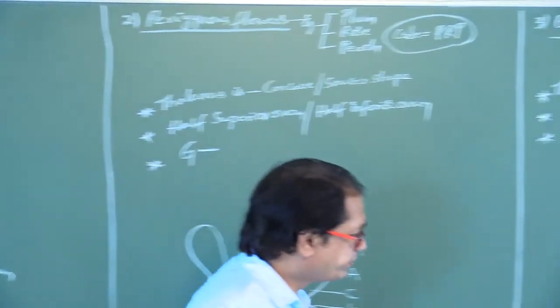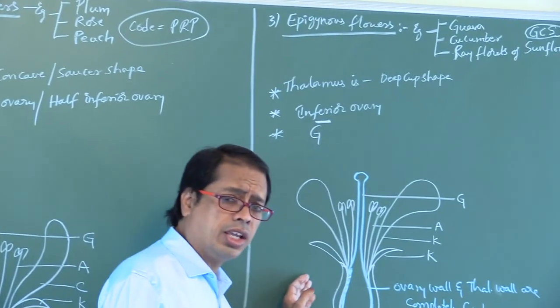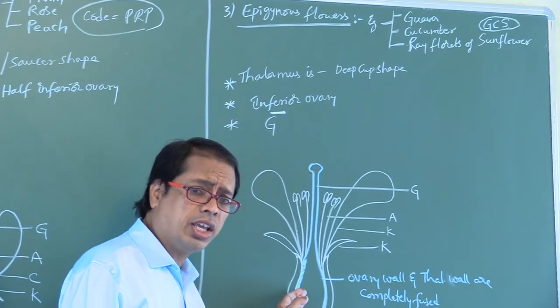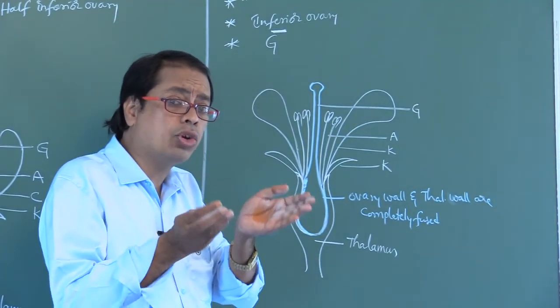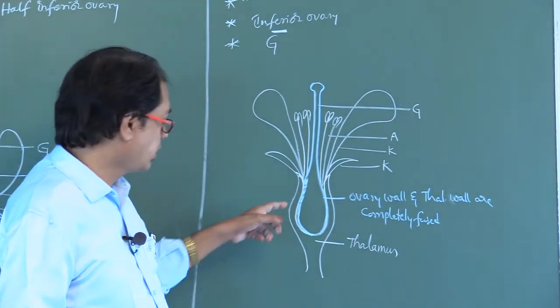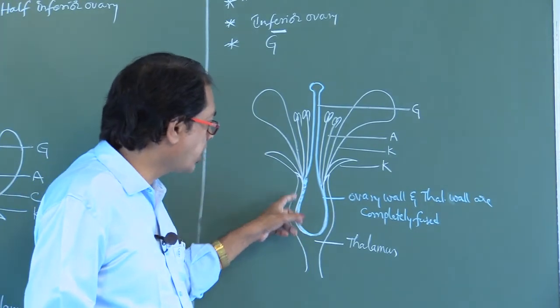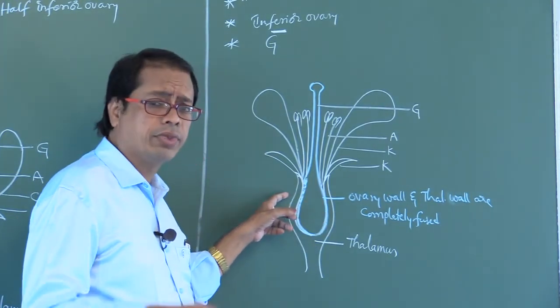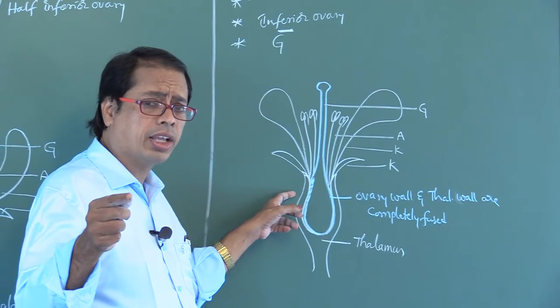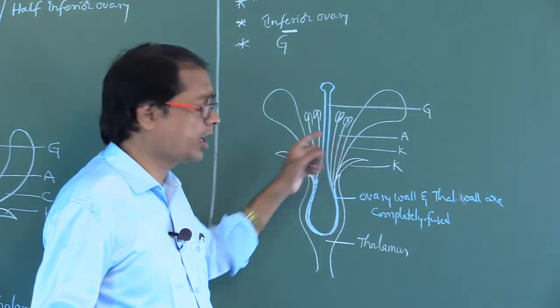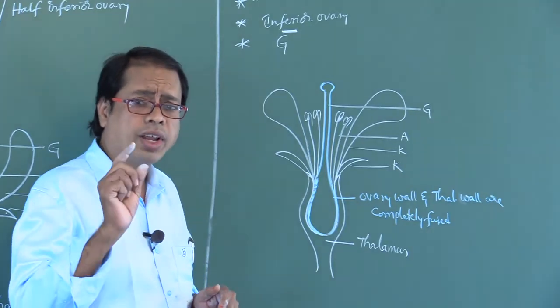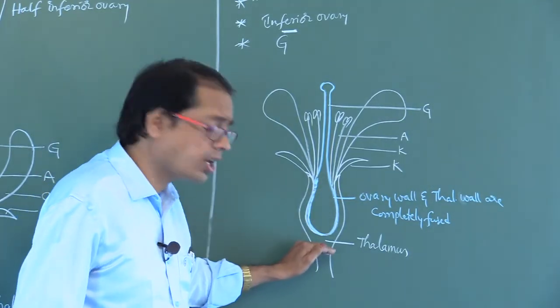Next, here the thalamus grows upward and encloses the ovary completely. Remaining floral parts like calyx, corolla, androecium are present above the ovary. So that means the ovary is inferior.